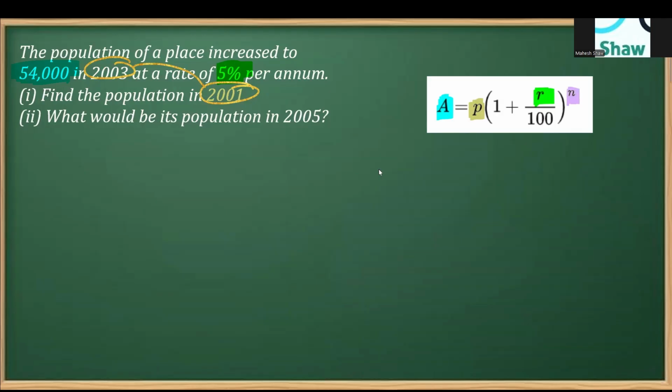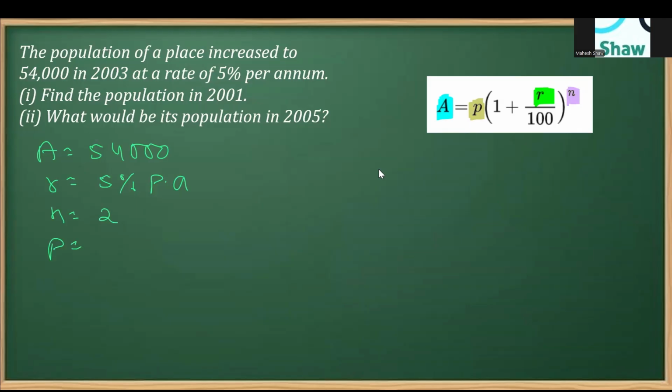So let's first write down the information we have. I'm going to replace A here with, as I said, 54,000, as we know the population of the later year, and the rate R here is how much? 5% per annum. Further, we know n, which is the number of years, which is 2 in this case.